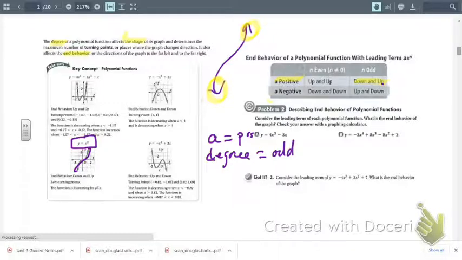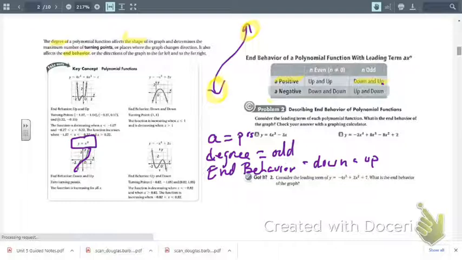So that's what the end behavior is. So your end behavior, you would say down and up. Okay?